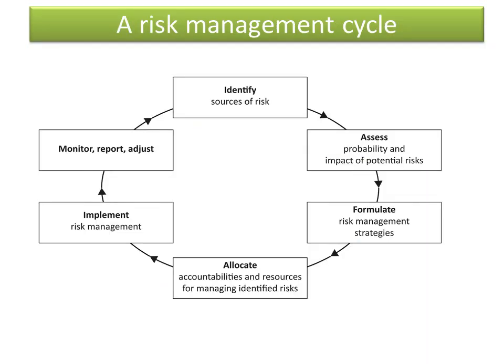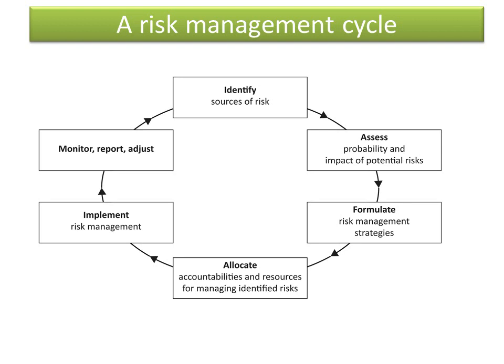Dealing with risk or vulnerability really requires a risk management process, and a basic cycle here is shown. This is the same one that's in the level 5 risk management, and the cycle starts with identification through to assessment, formulating strategies, tolerate, treat, etc., allocating resources, implementing it, monitor, report, and start again.